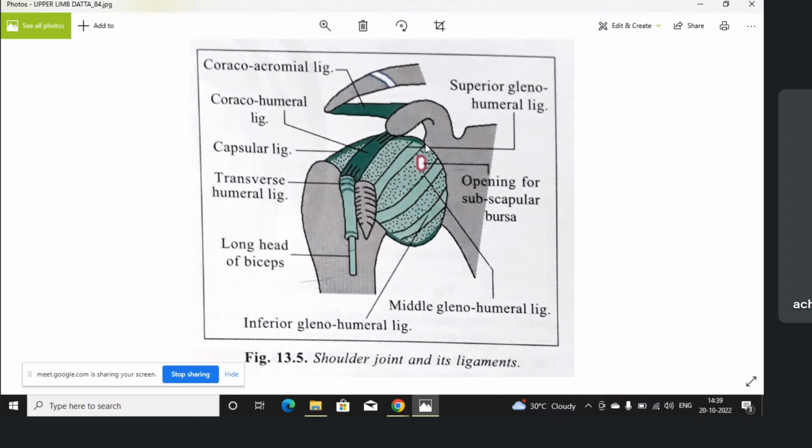It runs downwards. Below it attaches to the intertubercular sulcus. See here is the intertubercular sulcus. Are you getting?